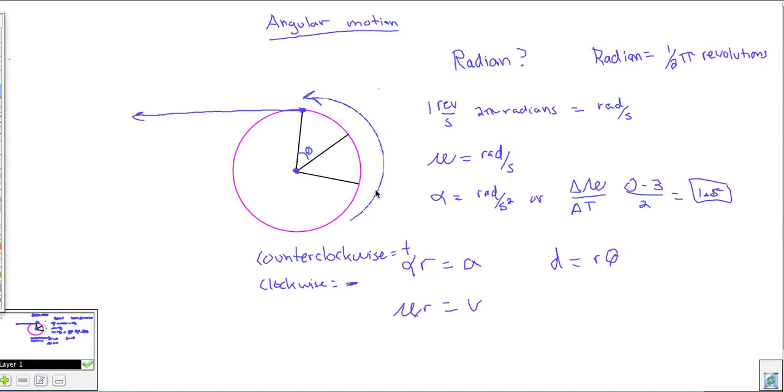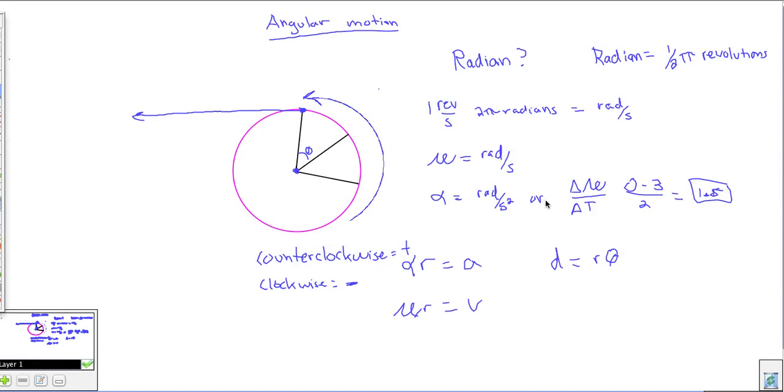If the car is accelerating, then the wheel will have this angular acceleration, but you can convert back and forth. And oftentimes you're going to be given revolutions per second, so you have to convert back and forth between radians and that in order to solve these problems.